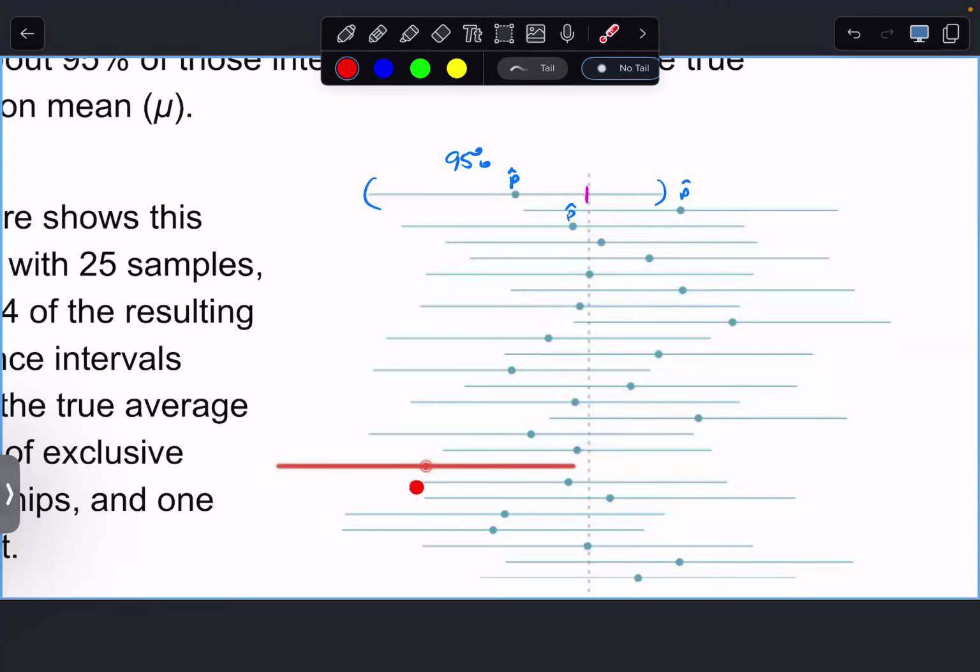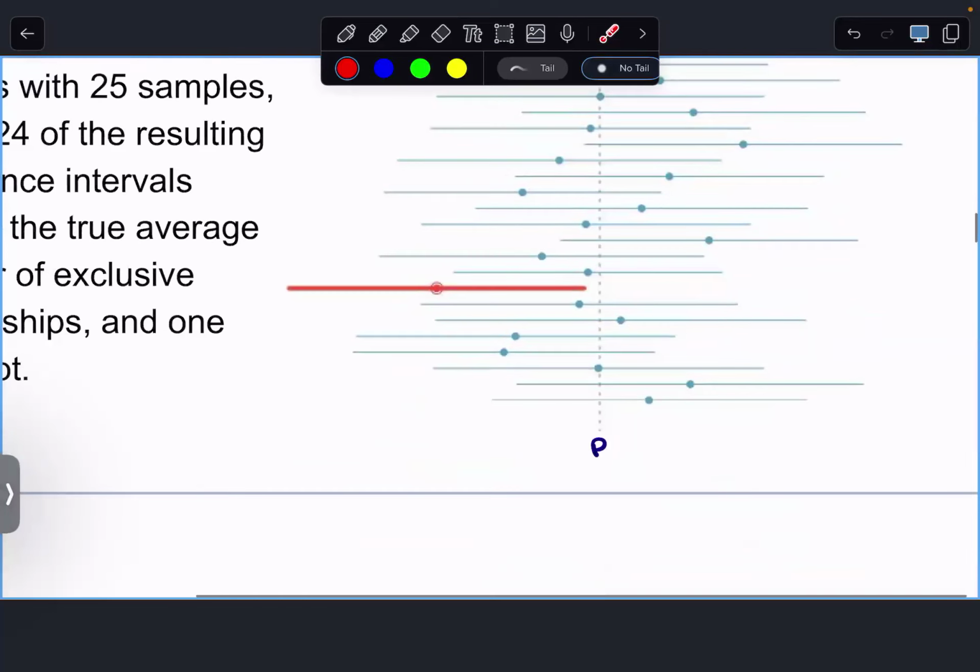But then there's some chance that you end up with this weird anomaly of a sample proportion. Now, the reason we can only be 95% confident is because you don't know if you're this one weird sample that you could have drawn.